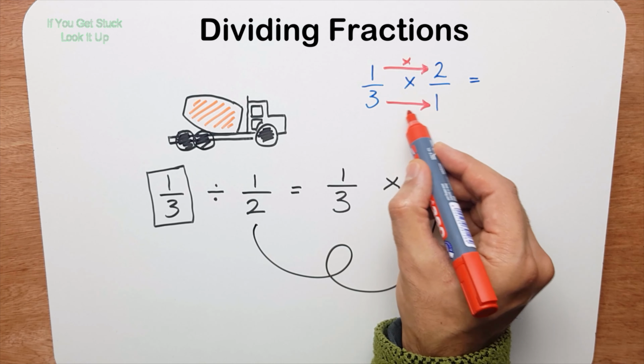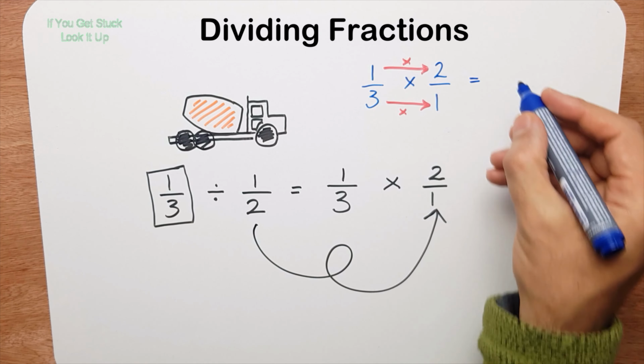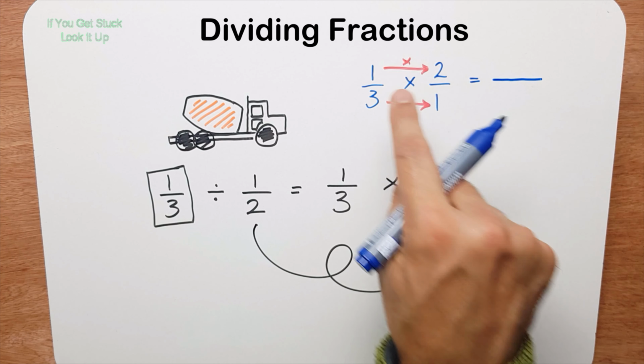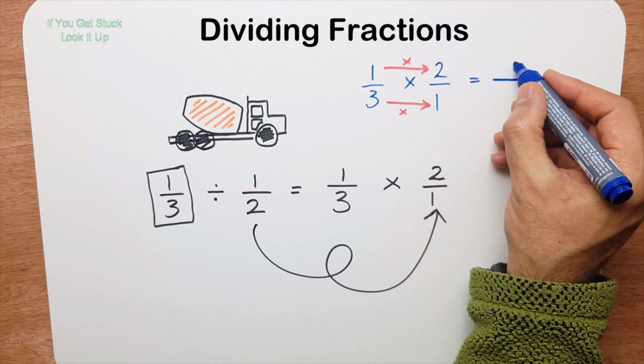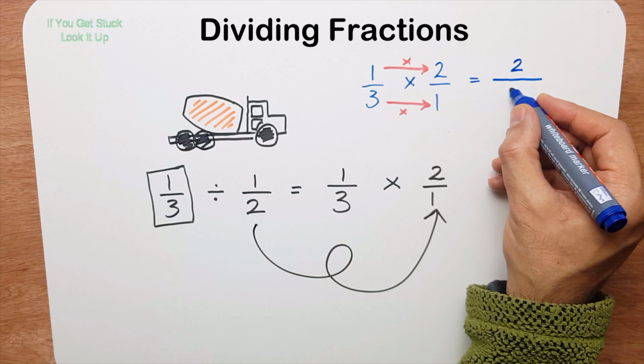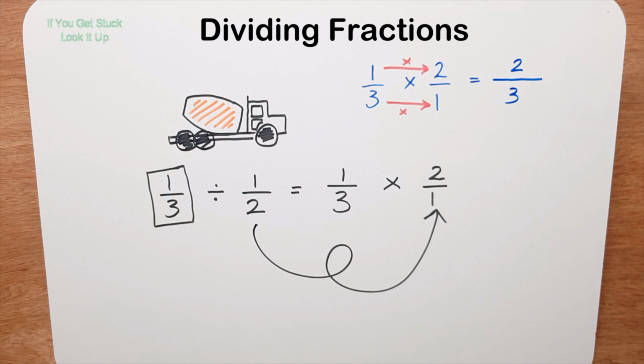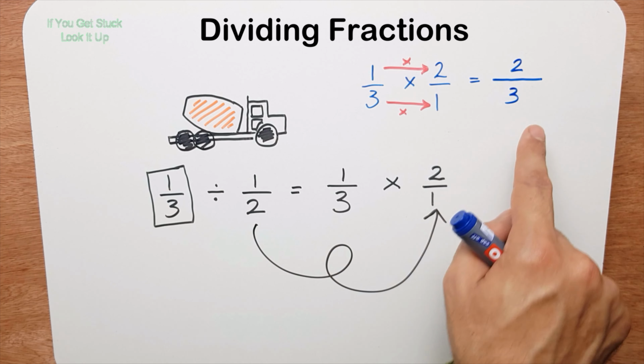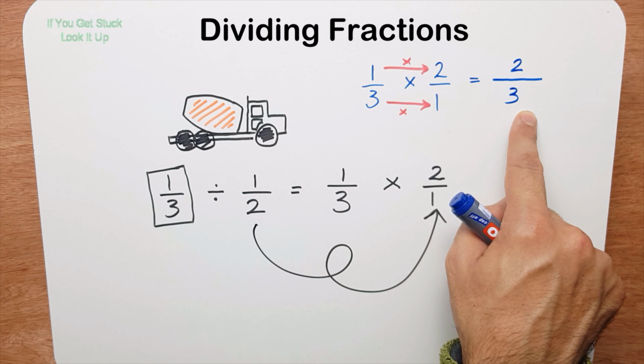Fraction line. 1 times 2 is 2. 3 times 1 is 3. So I can say 1/3 divided by 1/2 is 2/3.